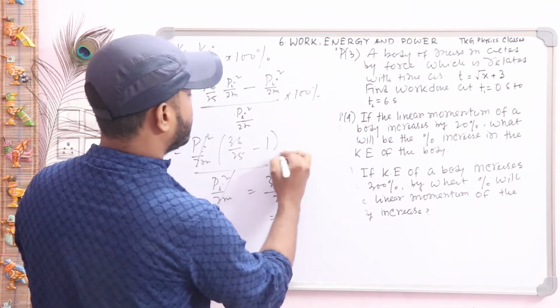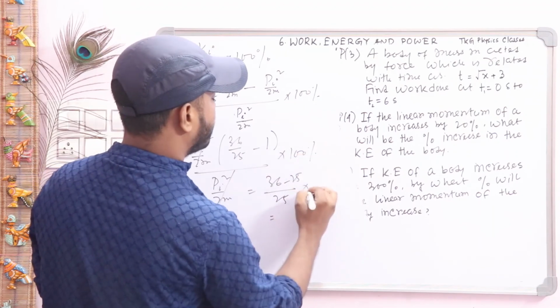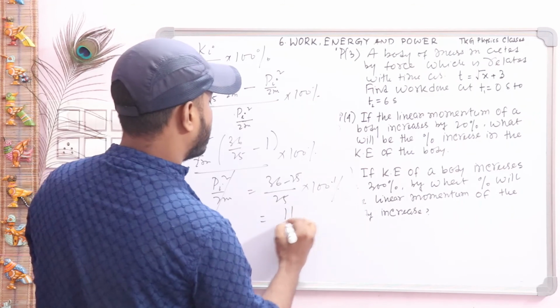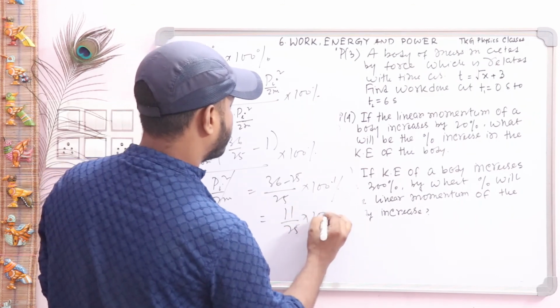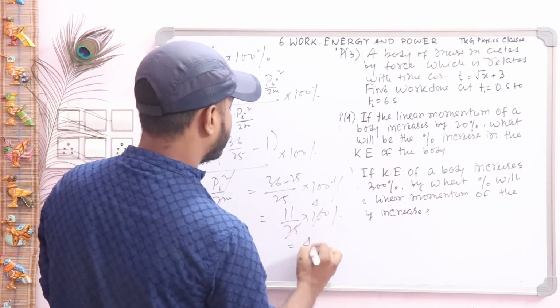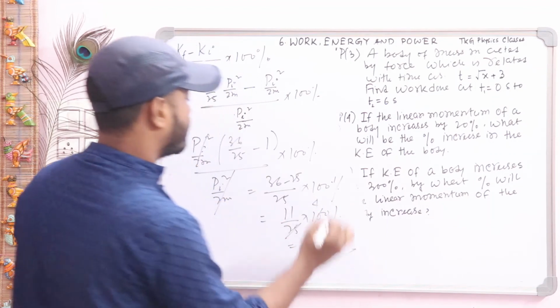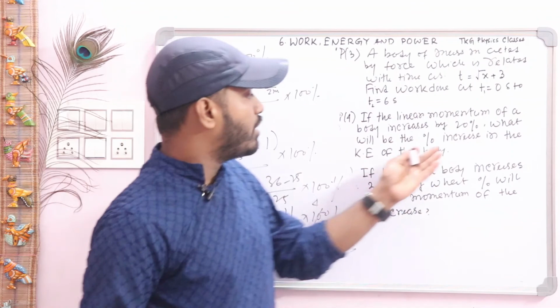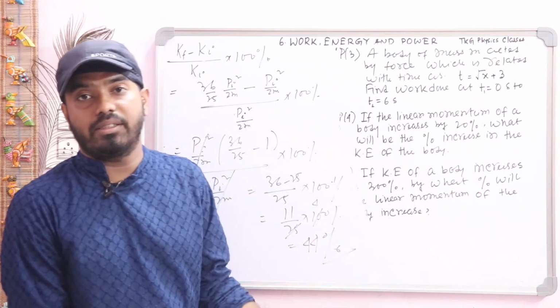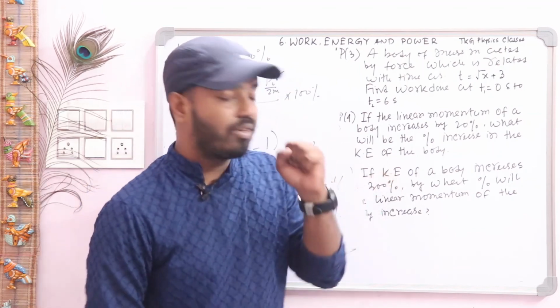In percentage here you have to use 100%. So this one is 11 by 25 into 100%. So this one is 4 into 11, that is 44%. This is the answer. So what will be the percentage increase in the kinetic energy? That is 44%. Okay. Now problem 5 is your homework.